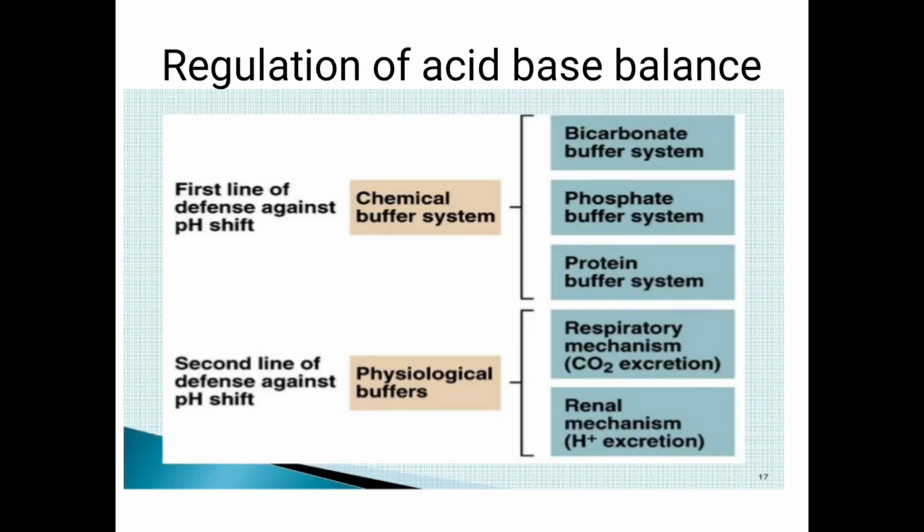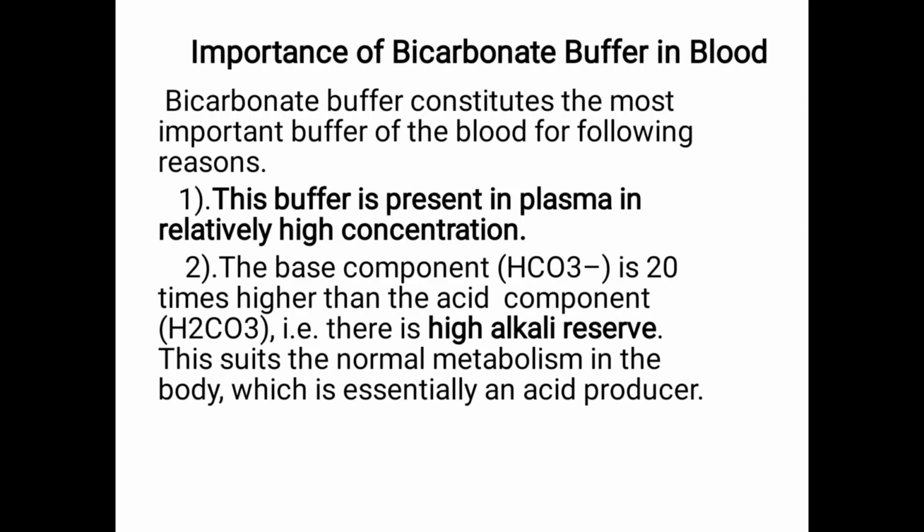So let us see in brief about the bicarbonate buffer. One component of the bicarbonate buffer is carbonic acid, H2CO3, which is obtained from CO2, carbon dioxide produced by various cell activities. CO2 plus H2O gives H2CO3.